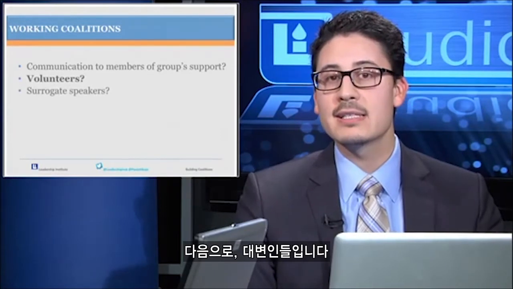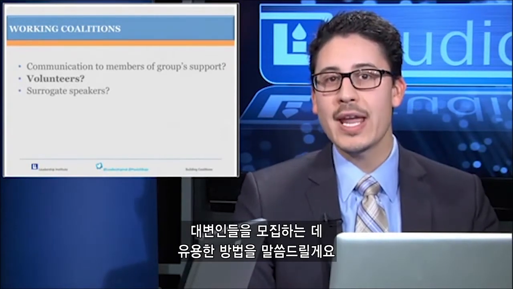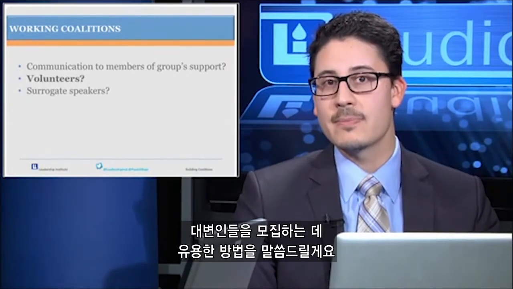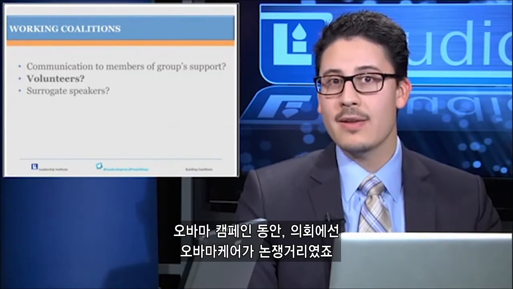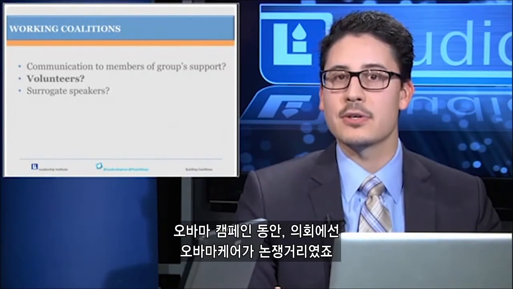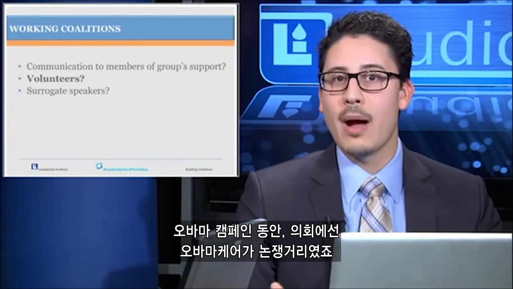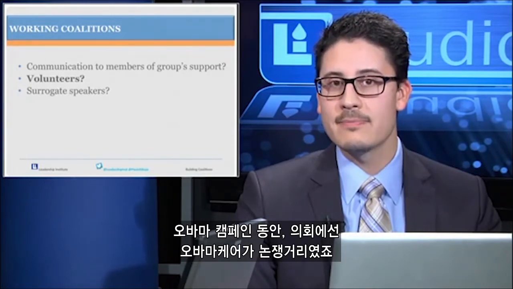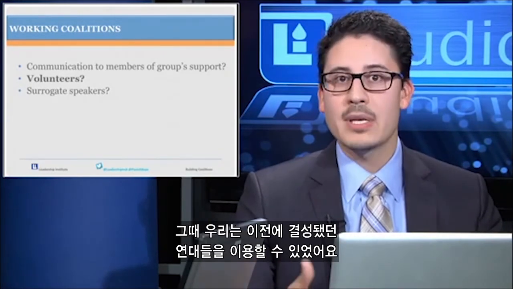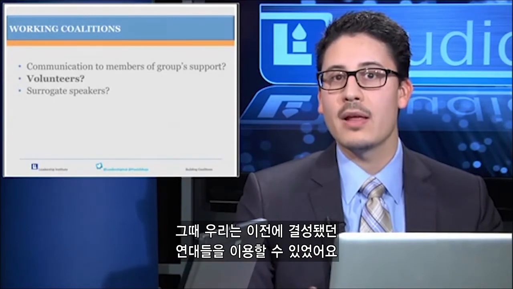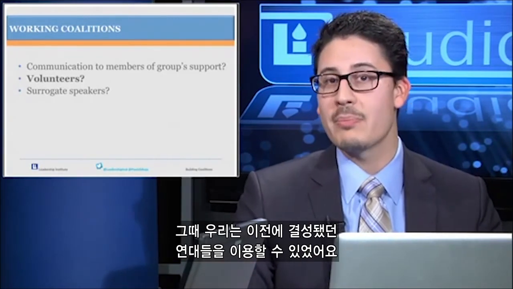Next, surrogate speakers. This is a great way to recruit surrogate speakers. During the debates over Obamacare while it was being debated in Congress, different organizations were able to tap the coalitions that they'd formed previously.